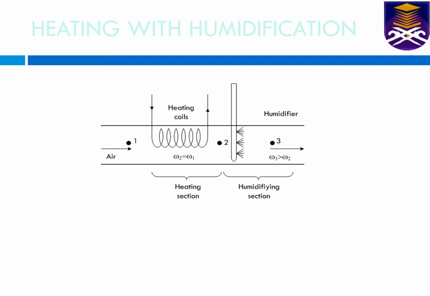And this is a schematic diagram for heating with humidification from state 1 to state 2. This is a simple heating where heat is only put into the system, but between 2 and 3 there is a humidifier, so the moisture content will be increased.